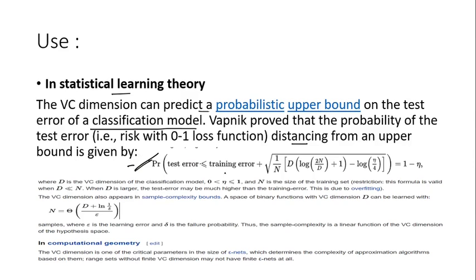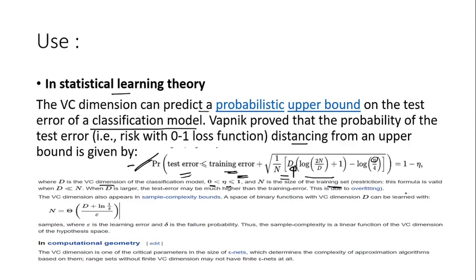So test error is less than or equal to training error plus this component, where D is the VC dimension of the classification model, eta is between 0 and 1, and n is the size of the training set, obviously the number of instances.